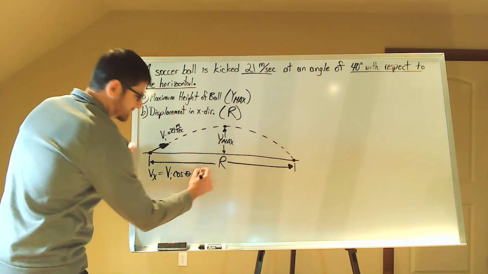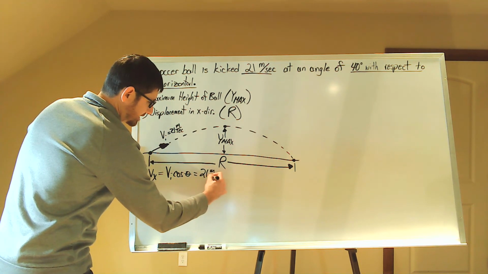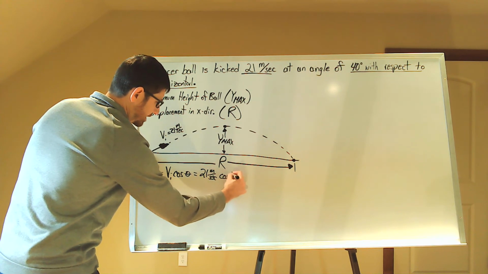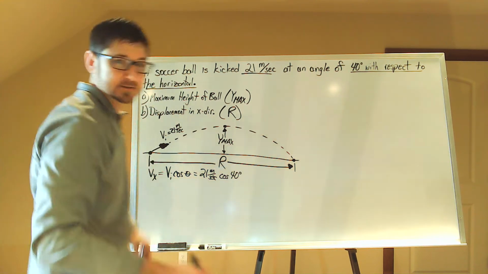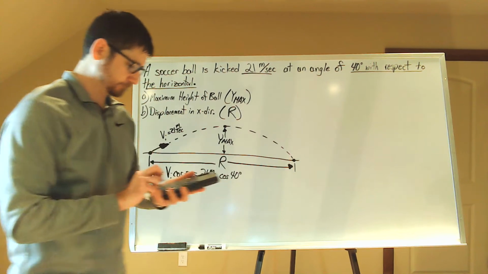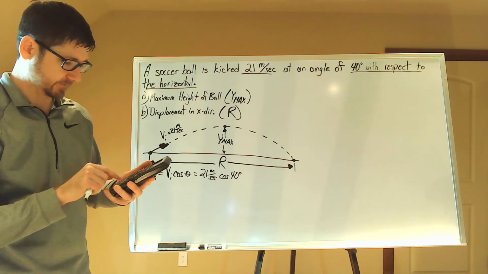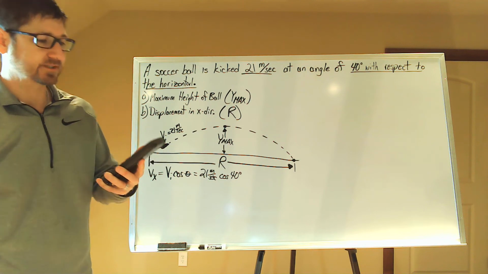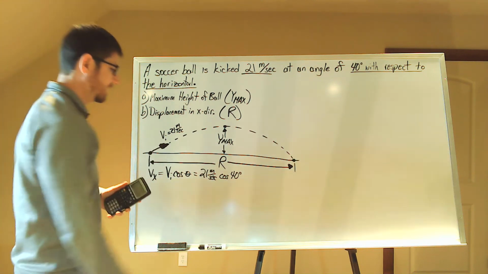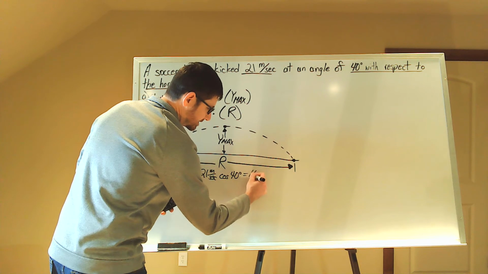Well, initial velocity is 21 meters per second times cosine of 40 degrees. So go ahead and get your calculator out. 21 cosine 40 is equal to 16.08 meters per second.